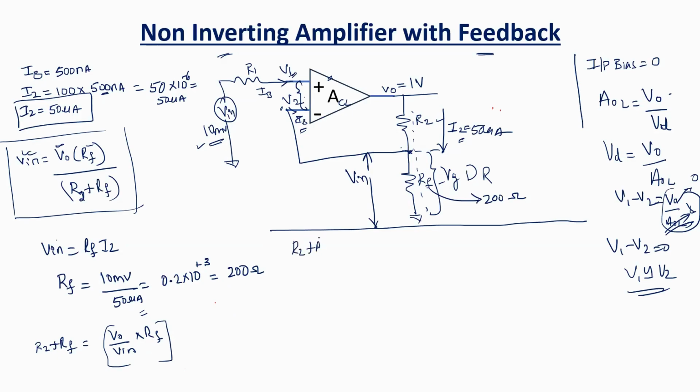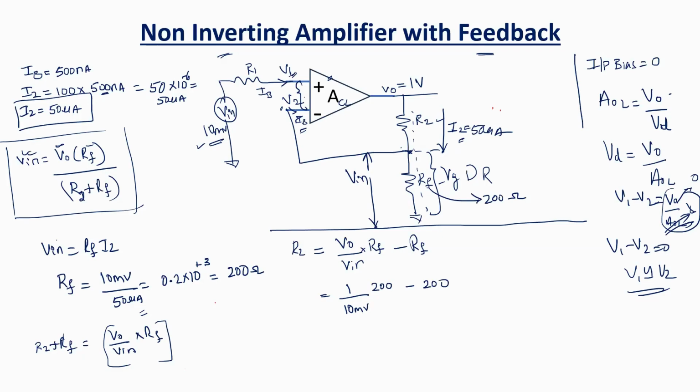R2 is equal to output voltage divided by input voltage into RF, and bringing this side, minus RF. What is output voltage? 1 volt. What is the input voltage? 10 millivolt. What is RF now? 200 ohms, minus 200.